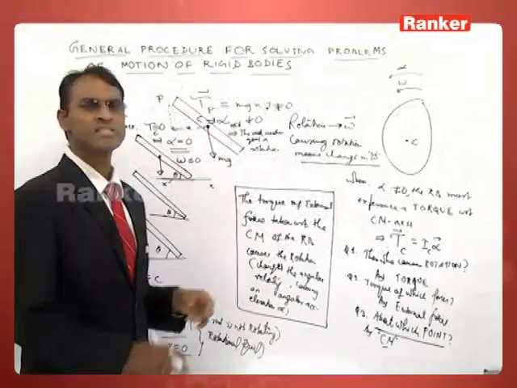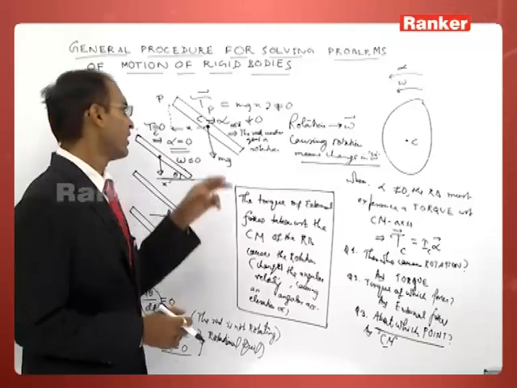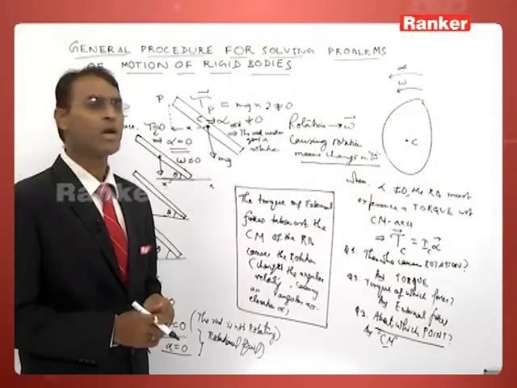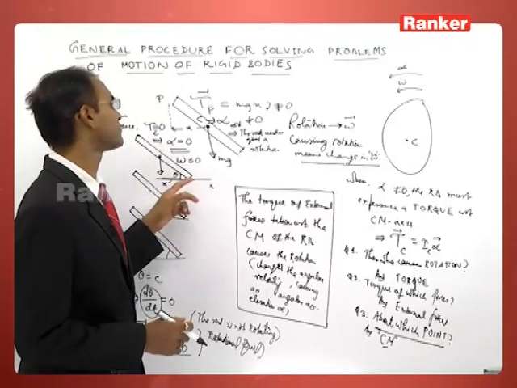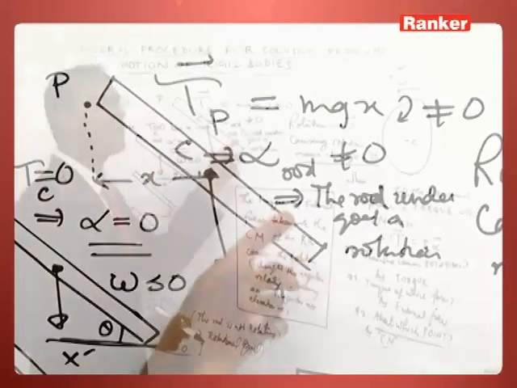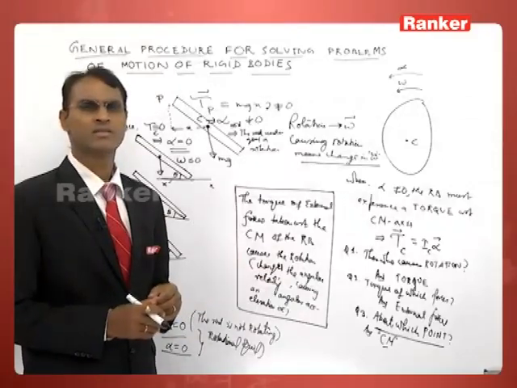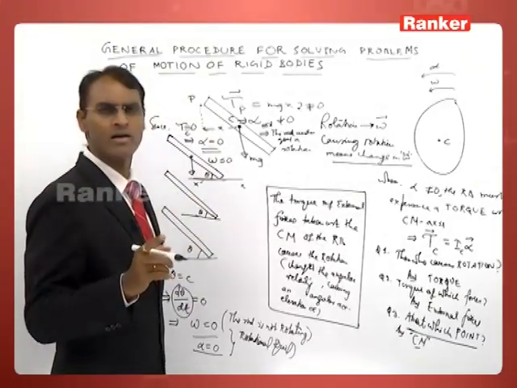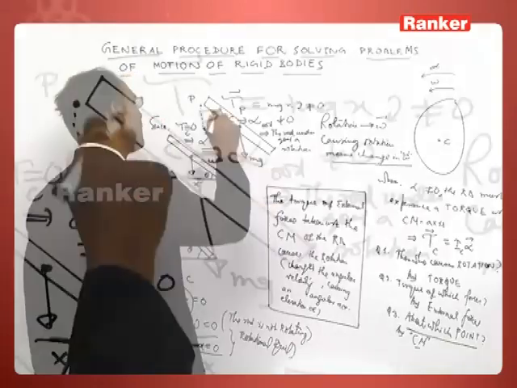Even though gravity is an external force and the gravitational torque about this point is non-zero, we should not falsely conclude that alpha is non-zero. Alpha will be non-zero about this point, but that alpha is not the alpha of the rod.